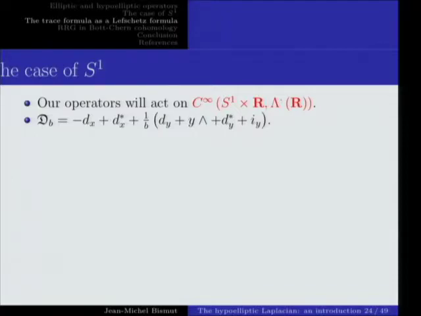That is, you recognize here dy plus y wedge, which is the Witten twist of the operator dy, plus its adjoint. The only thing which has to be taken into account is that dx is equal to dy. In other words, there is only one exterior algebra, not two. dx and dy are the same.